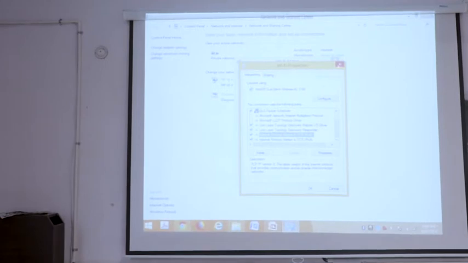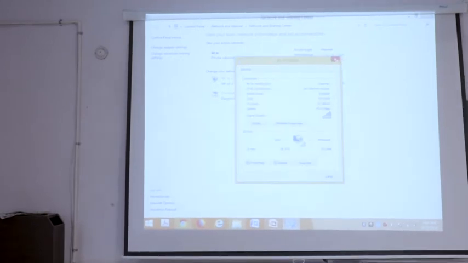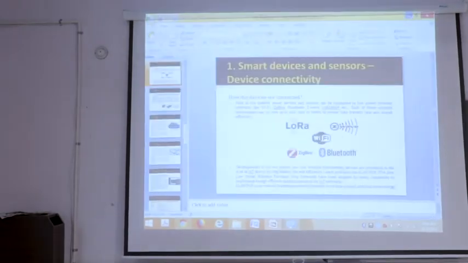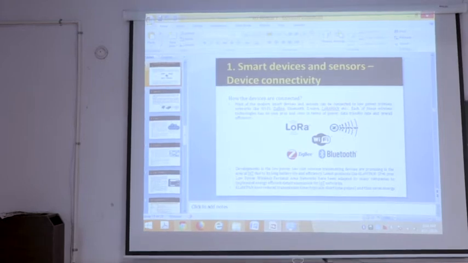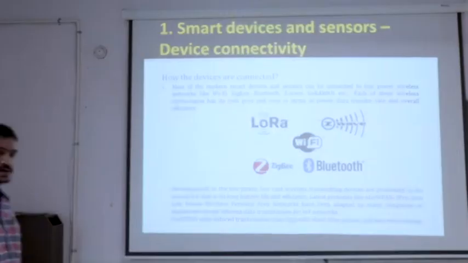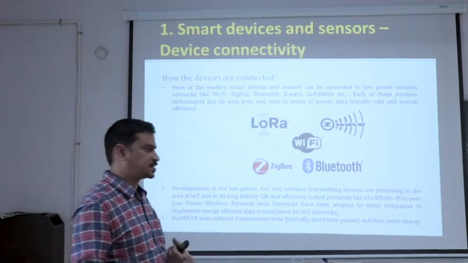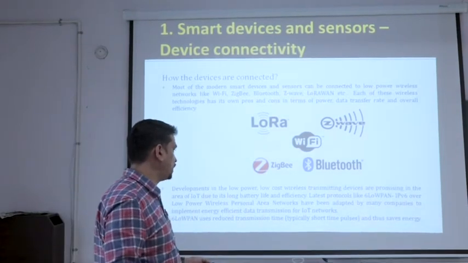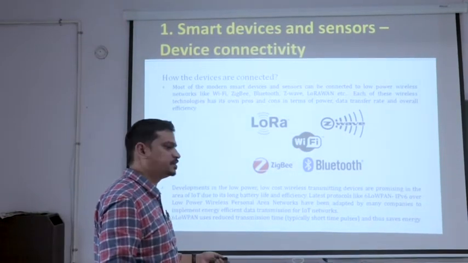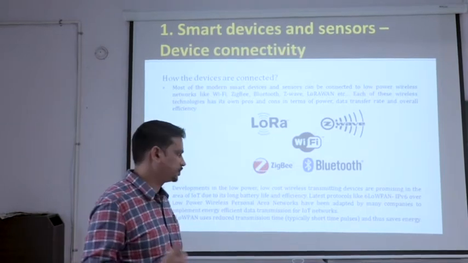And why am I telling you about IP addresses? Because we have a technology called 6LoWPAN, which uses IPv6. So it should communicate over IPv6. That's why I told you all these things.